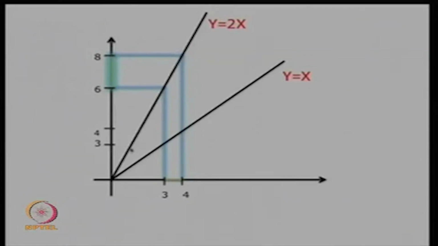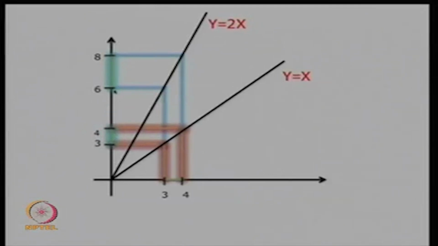So, if you take the y equal to 2x curve and I ask the question, if dx is 4 minus 3, the change in x is 1. So, if x changes from 3 to 4, the corresponding y will change from 6 to 8. On the other hand, if you draw this line only up to this x axis, and ask how much y will change for the y equal to x curve, you will see that y only changes by a small amount.